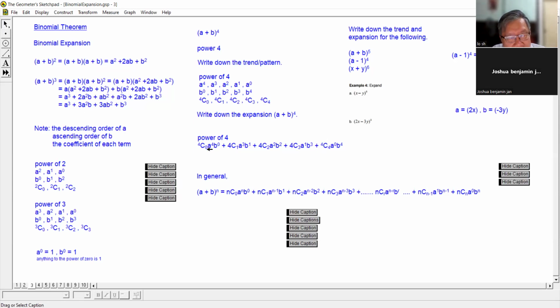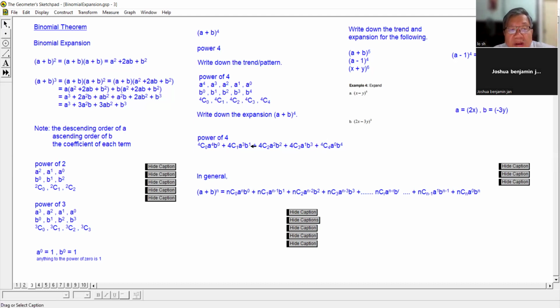And related to this 0 here is the term B. The power of B is also 0, and the power of A is 4. There is a relationship between the power of A and the power of B. Now, the relationship is these two numbers, when you add them together, you will get 4.